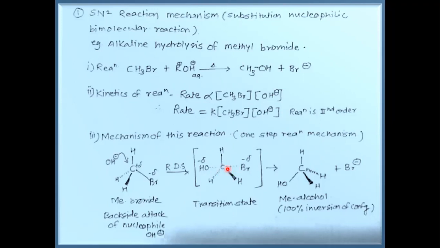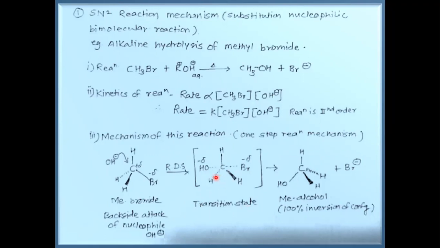This does not remain a reactant now, and it has not formed a complete product. So it is an in-between state, neither a complete product nor a complete reactant. So this is the transition state.